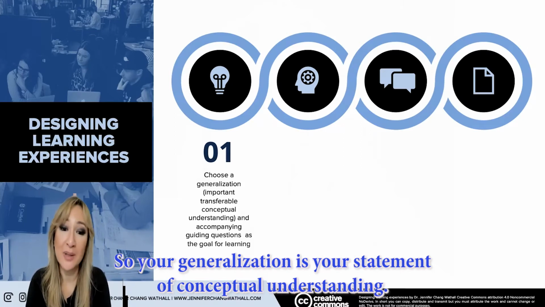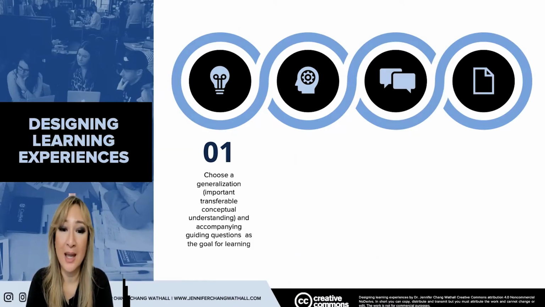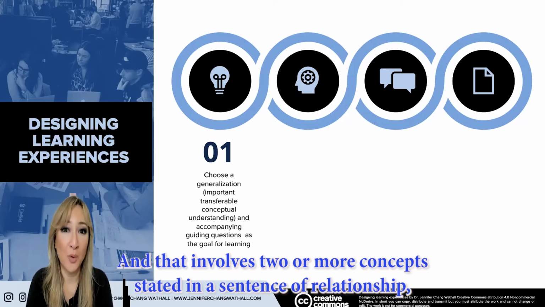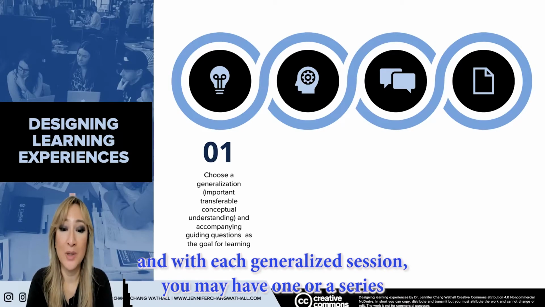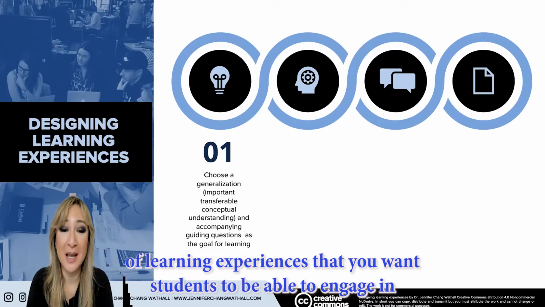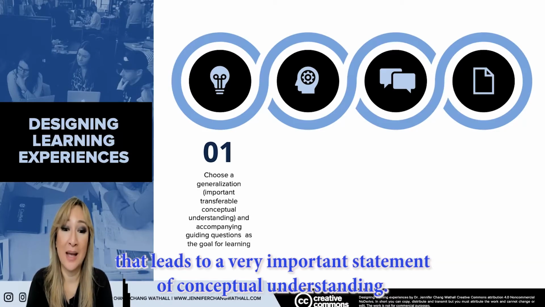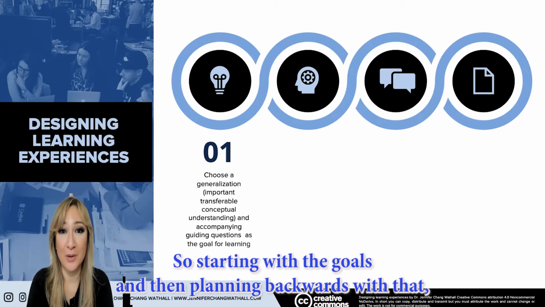So your generalization is your statement of conceptual understanding, and that involves 2 or more concepts stated in a sentence of relationship. And with each generalization, you may have one or a series of learning experiences that you want students to be able to engage in that leads to a very important statement of conceptual understanding. So starting with the goals and then planning backwards with that.